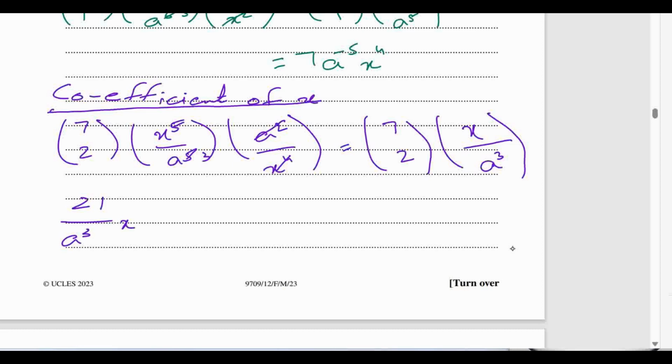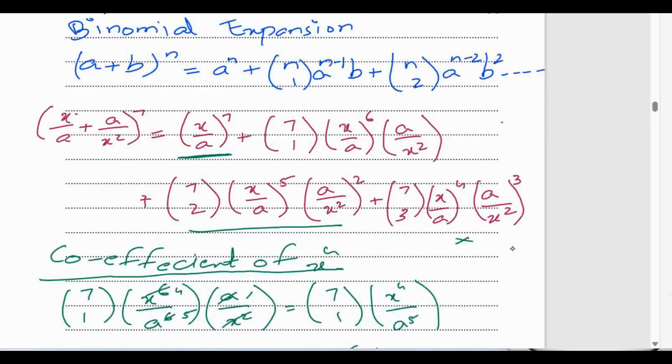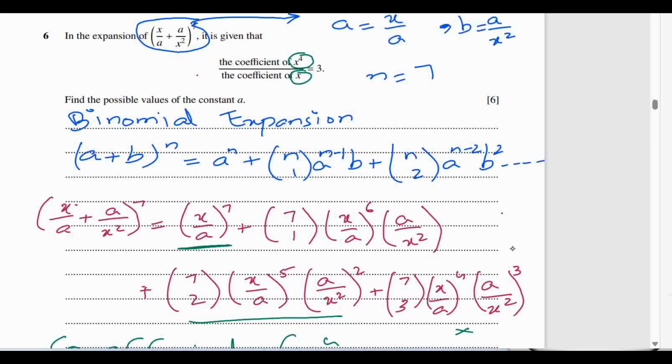Now as we can see in the question, it is given that the coefficient of x^4, which is 7a^(-5), divided by 21a^(-3), will be equal to 3.